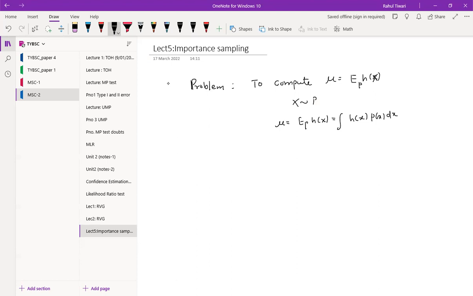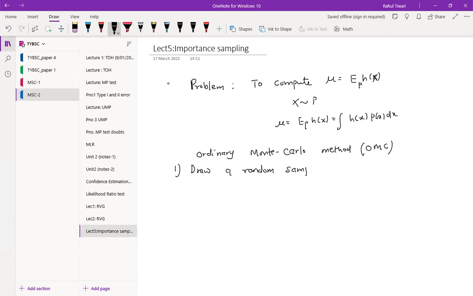So here, what does the ordinary Monte Carlo method, OMC, say?